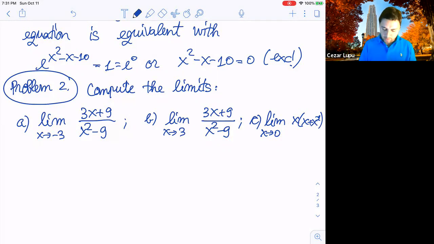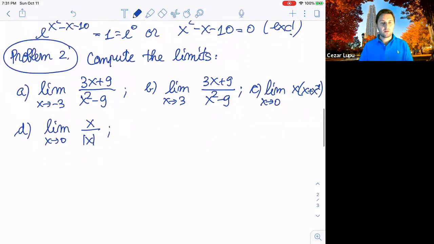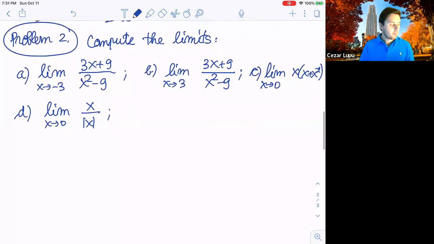And now the last one, d, is limit as x approaches 0, and this will be a little bit tricky, x over the absolute value of x. All right, we'd like to compute these 4 limits. Look at them. So let's see.